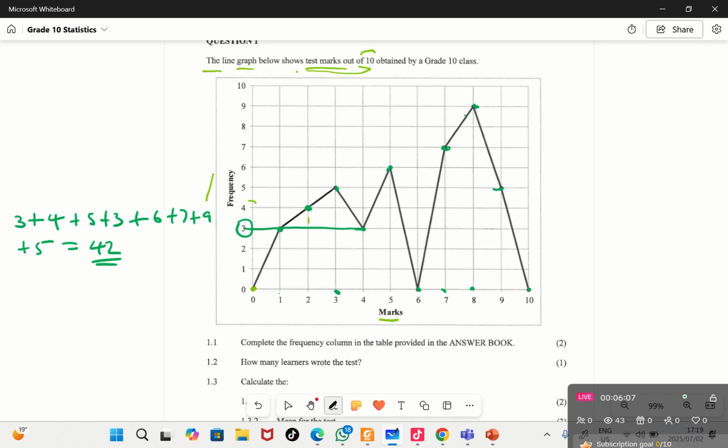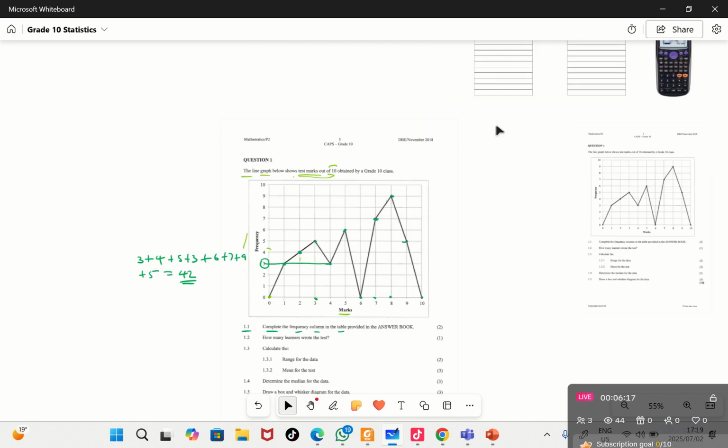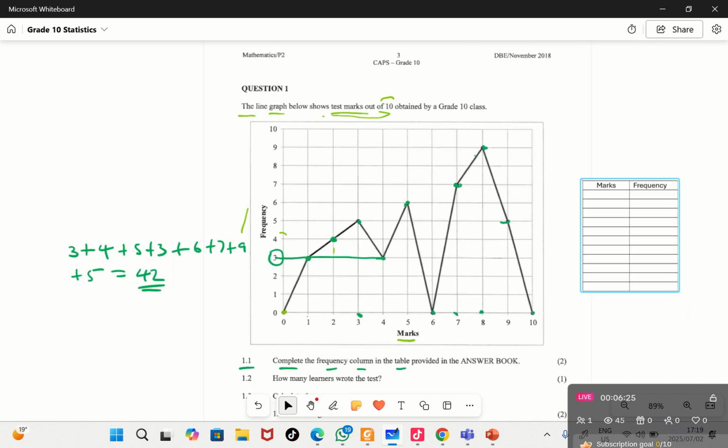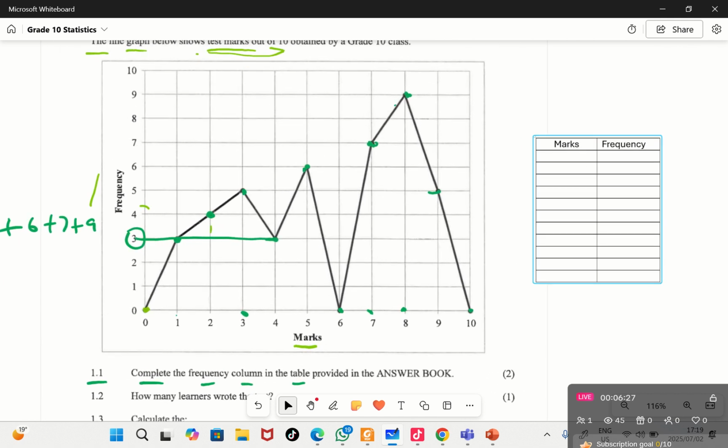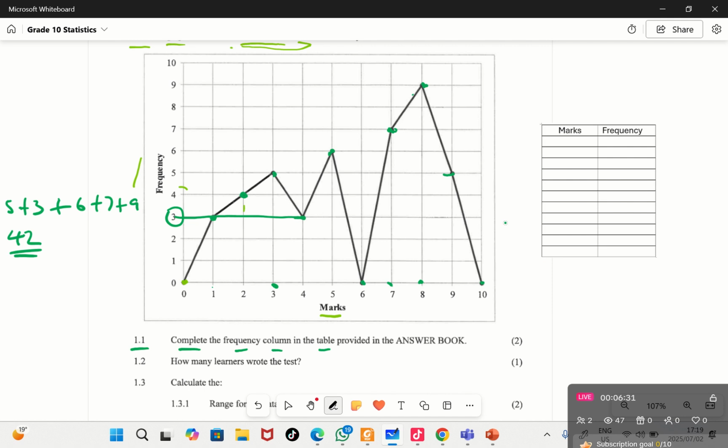First question says, complete the frequency column in the table provided in the answer book. Okay, I'm just going to give you my own frequency column here quickly. Here's my frequency column. On the first cell, we write the marks.